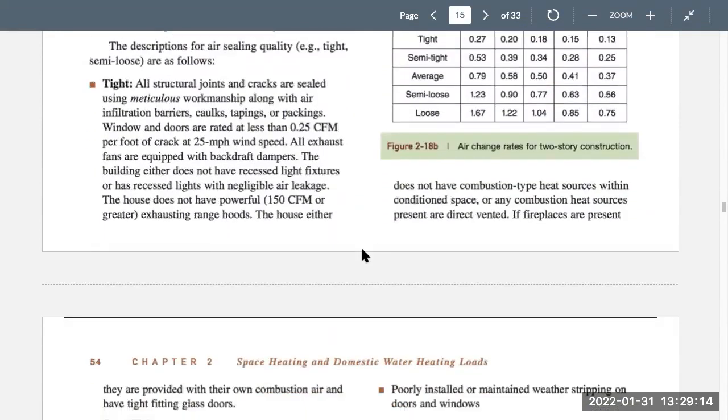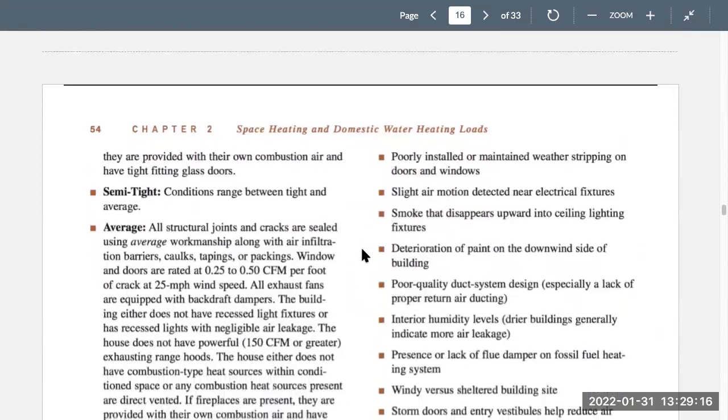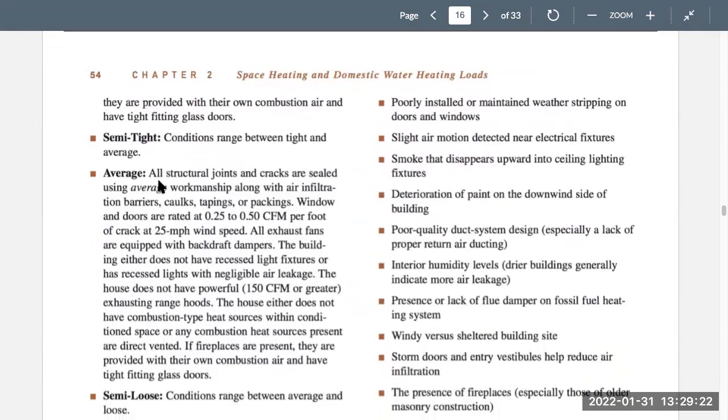So let's look at some of the definitions. Semi-tight is just between average and tight. Average is just going to be an average house, fairly new, average craftsmanship. You can verify that the windows are decent windows.